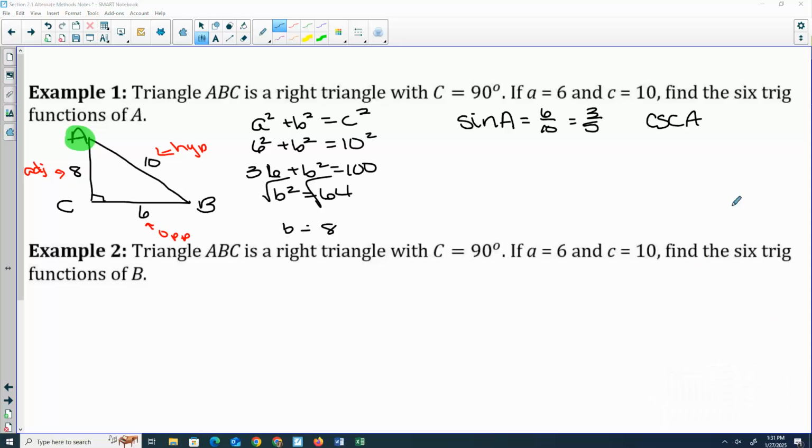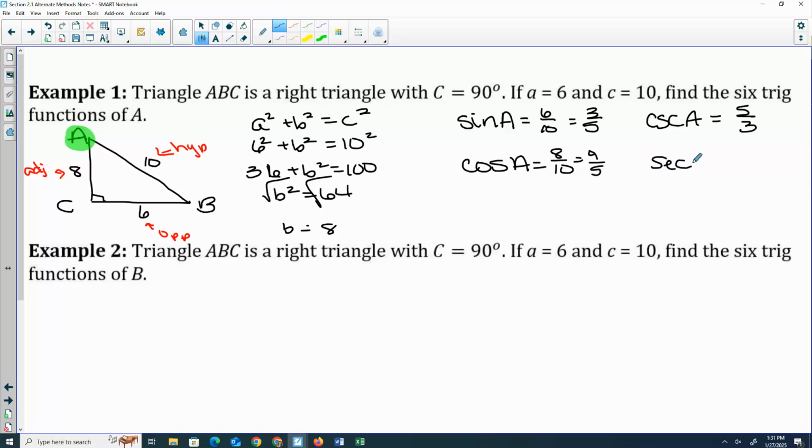Reciprocal of sine is cosecant. So cosecant would be 5 over 3. Cosine: adjacent over hypotenuse. So 8 over 10 is 4/5.